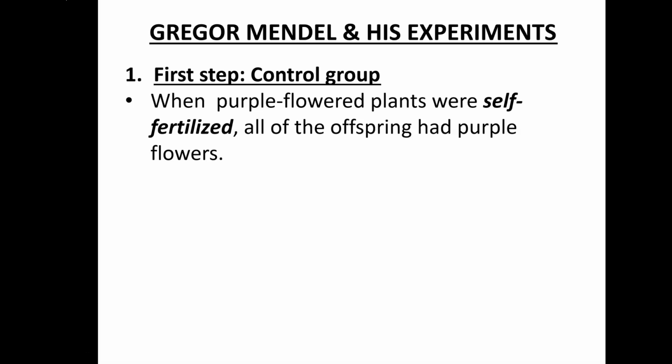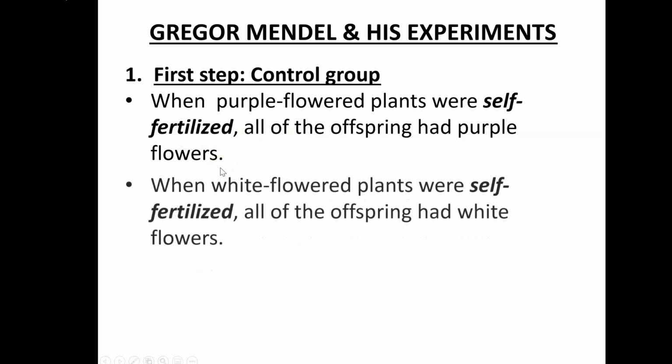Okay, and true breeding allowed for a group of plants that, when they were self-fertilized, consistently produced offspring with only one particular form of a trait. So when purple flowered plants were self-fertilized over and over again, all of the offspring had purple flowers, and this is considered true breeding.